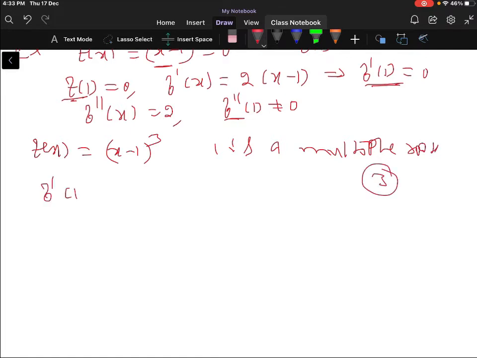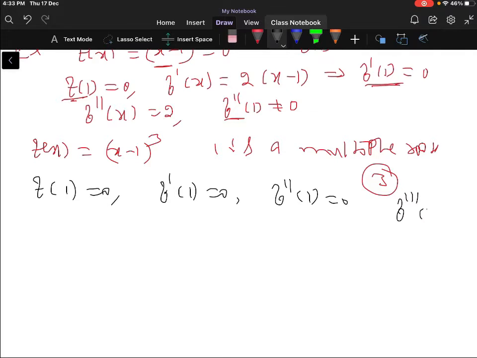Therefore f of 1 is 0, f dash of 1 is 0, f double dash of 1 is also 0, but f triple dash of 1 is not equal to 0.